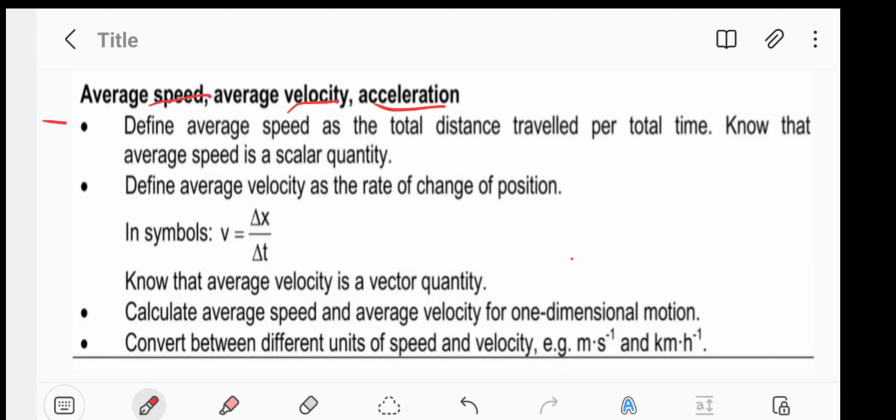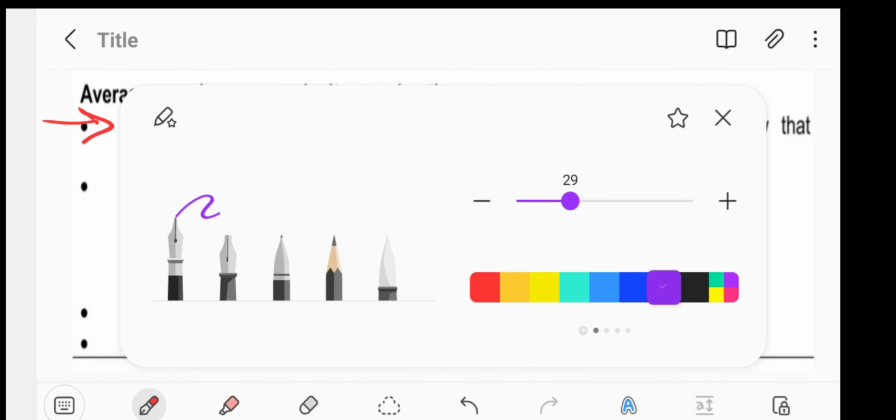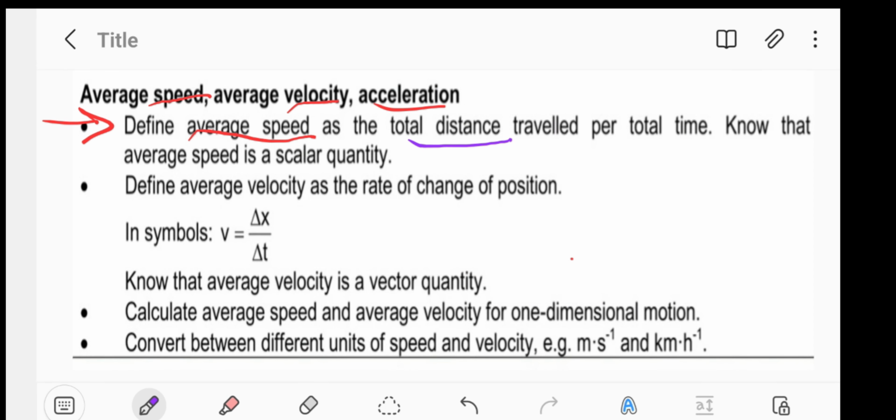Now, the first learning objective, according to the physical sciences examination guidelines, is to have the ability to define average speed. You must know exactly what you are talking about when you talk about average speed. By definition, speed is the total distance traveled per total time. For speed, we use distance, which is a scalar, and time, which is a scalar.